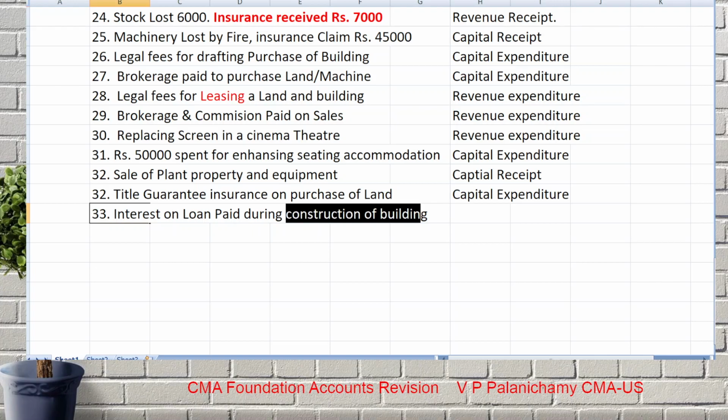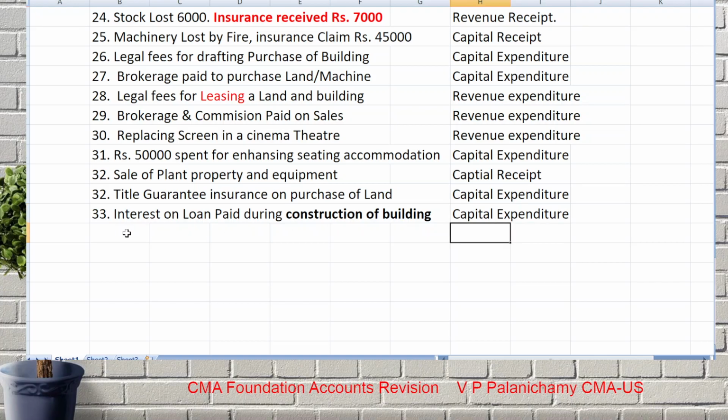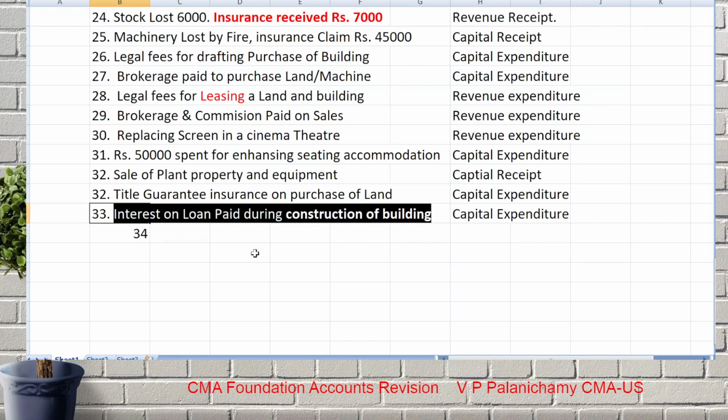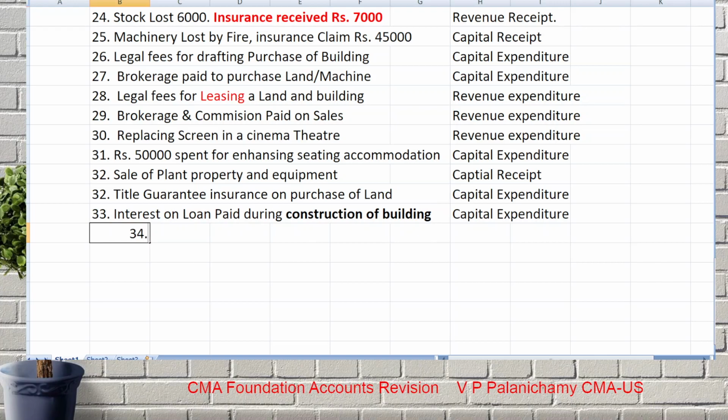Whether the building is put into use or not, whatever is spent during the construction period becomes capital expenditure. We take a loan to construct the building. If we pay interest during the construction period, that becomes capital expenditure.